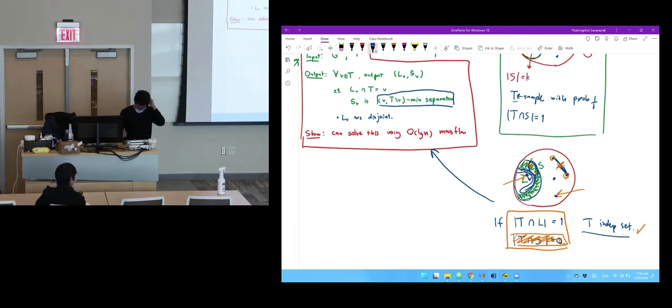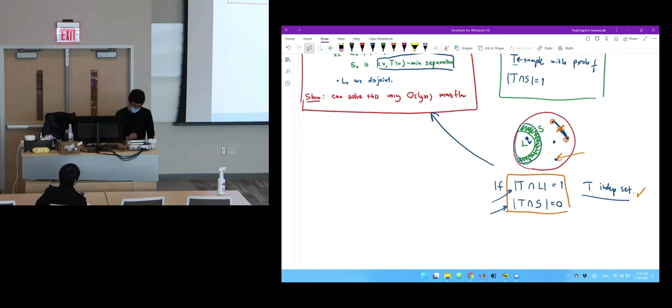Good. So what we really need is that we want to ensure both of these. And this is not too hard if, suppose that the sizes of S and L are kind of the same, let's say both of size K. Then what would you do to get T?